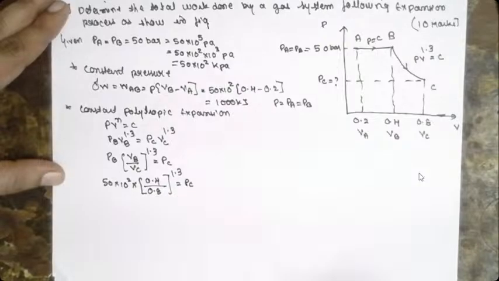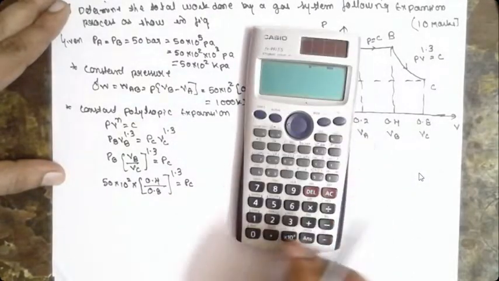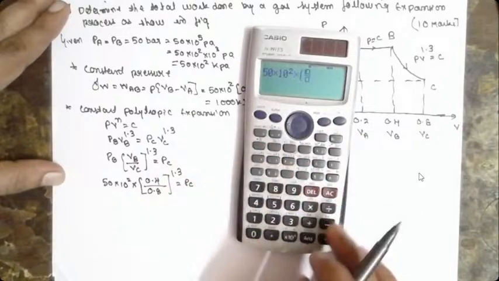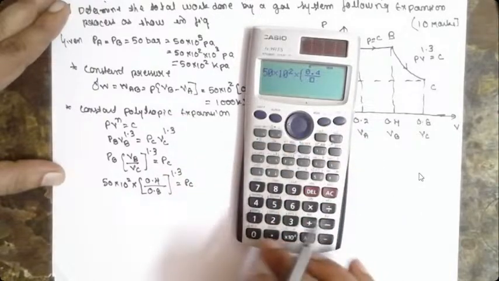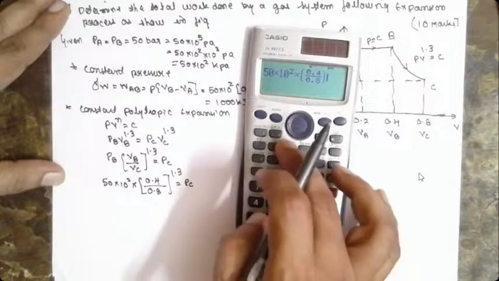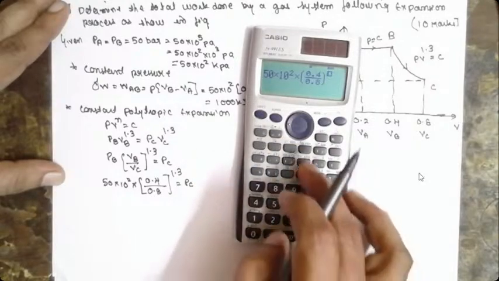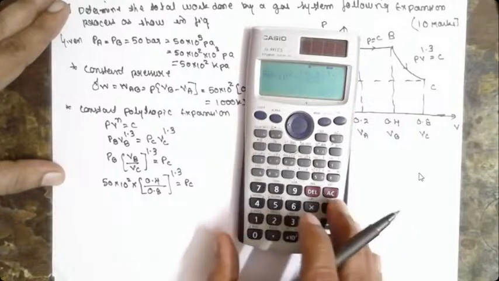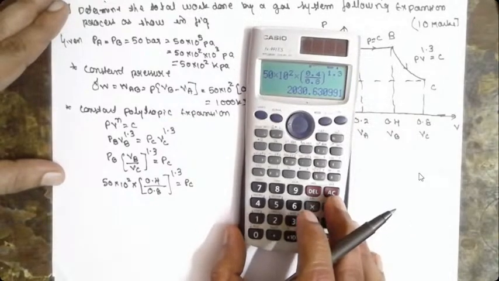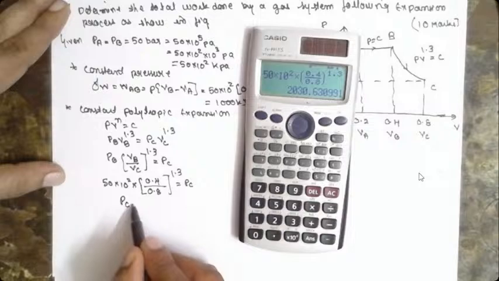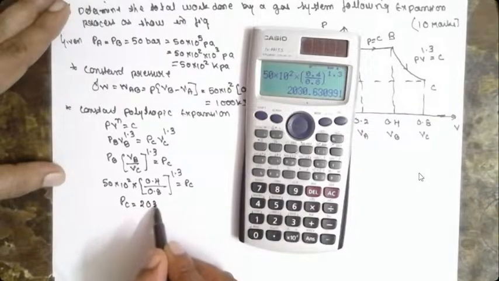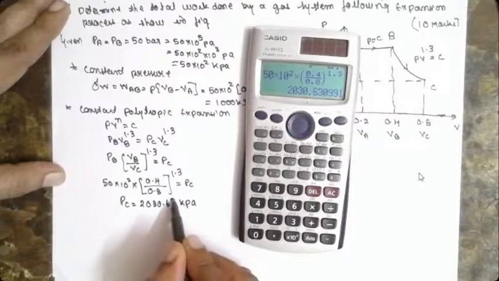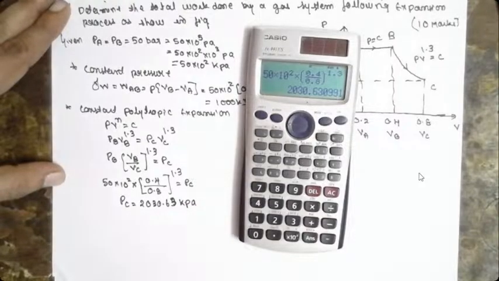Solving it, PC is equal to 2030.63 kilopascal. We got the PC value now.